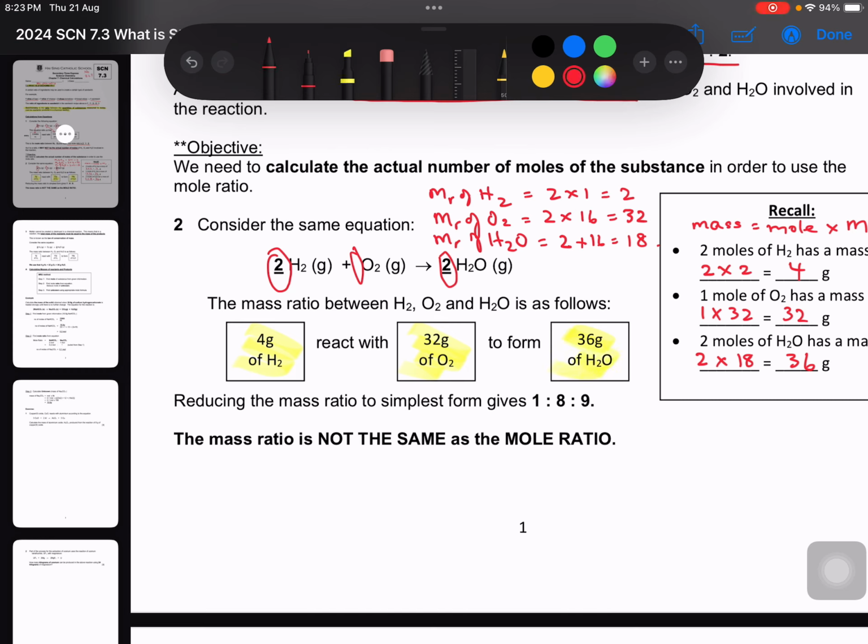The hydrogen and the oxygen are the reactants. The left-hand side of the equation is the reactants. The right-hand side of the arrow will be the products. Okay, so that means that this 4 plus 32, these are the reactants.